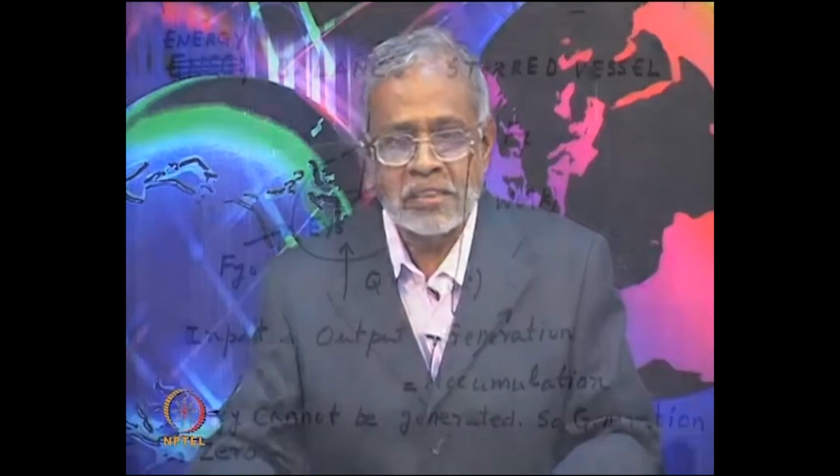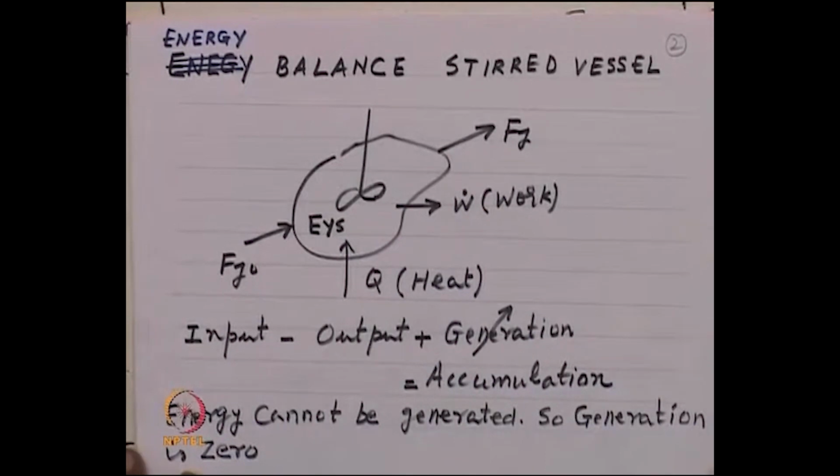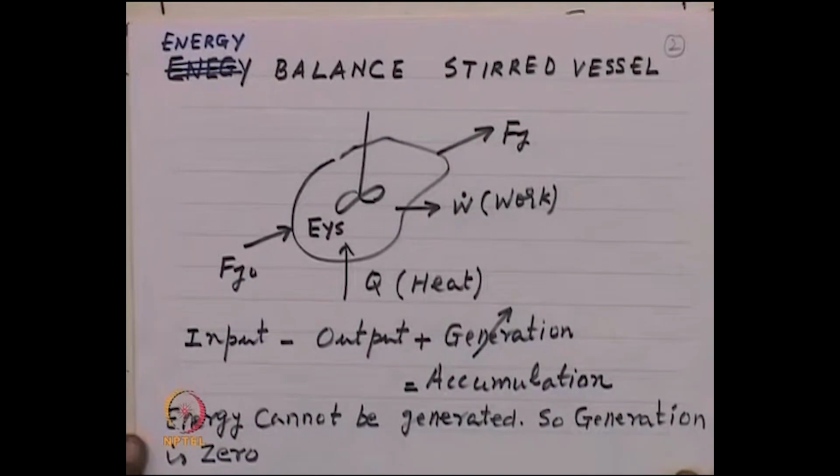Now, we write our energy balance for a vessel of our interest. I have deliberately taken a vessel of this very crooked shape, just to indicate that the balances that we write take into account, in principle, any shape, but of course, we construct shapes that are useful to us.